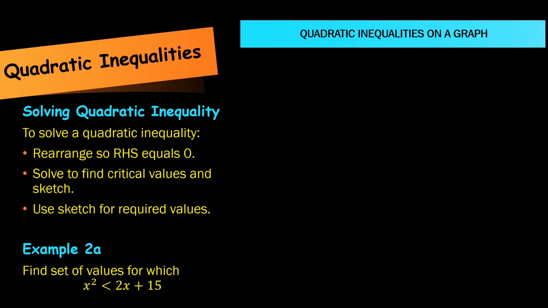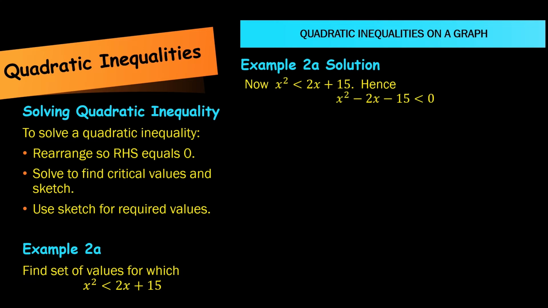Now let's solve example 2a. We are required to find the set of values for which x squared is less than 2x plus 15. In order to solve this, we need to rearrange this inequality so that the right-hand side equals 0. As shown, we've taken over 2x plus 15 to the other side.